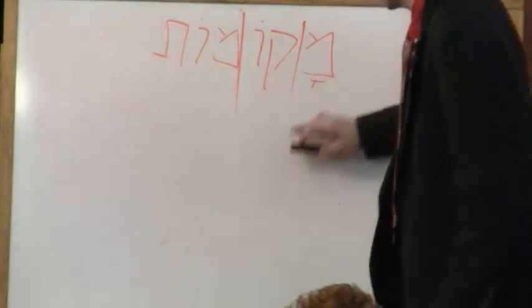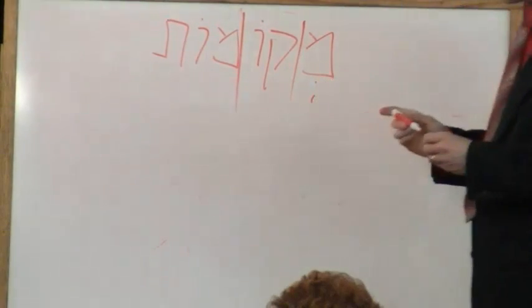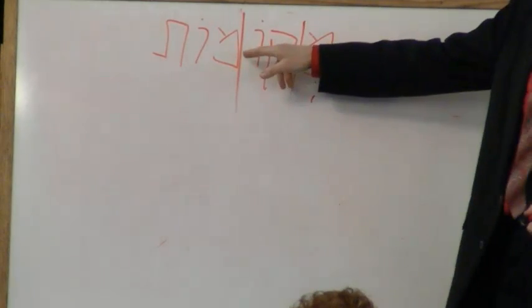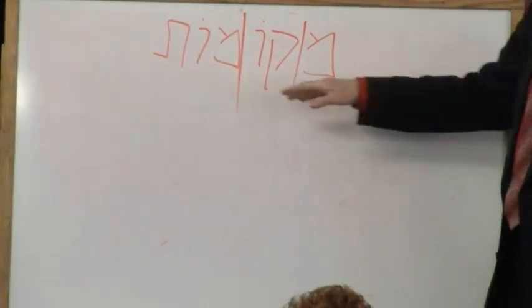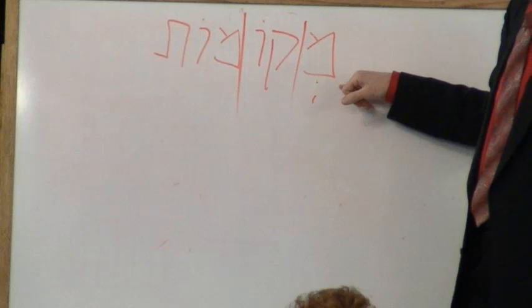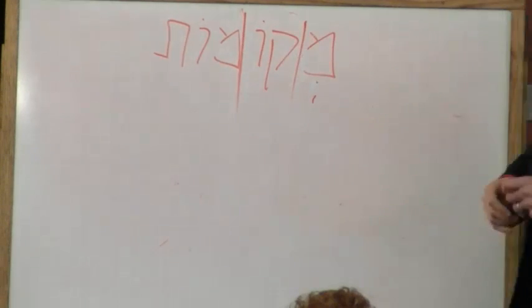So this qamets goes away and becomes schwa. Makomot. So when you had the word makom, when it became plural, now you have this extra syllable at the end, making the first syllable a propretonic. So makom changes into makomot.